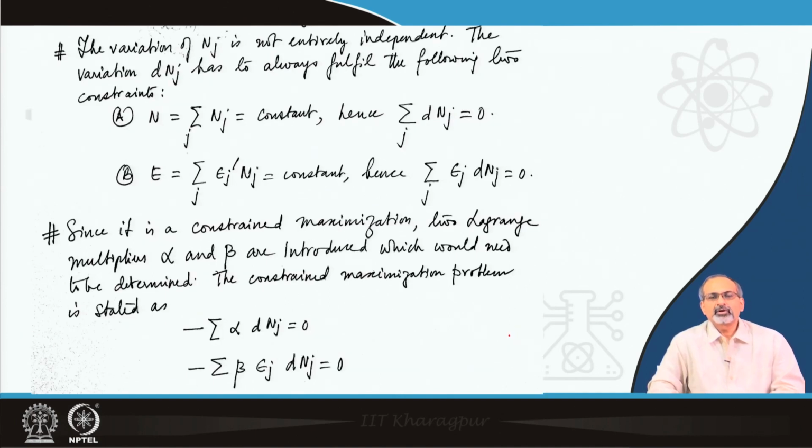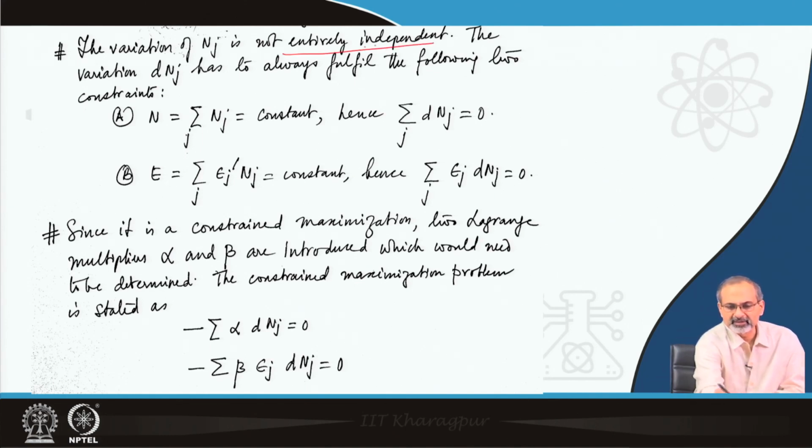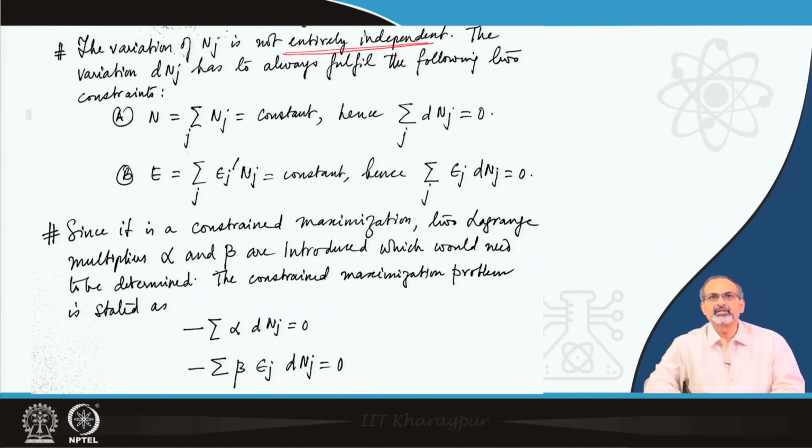Again, when we are talking about variation of Nj, that means there is some distribution change, some population distribution change, then this Nj cannot just change on its own. It is not going to be an entirely independent change, it is going to be driven by certain constraints.